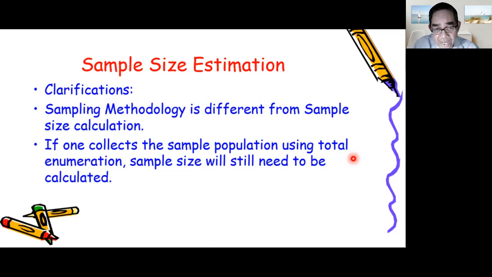The total enumeration that you have in a hospital, for example, will only involve people in that particular hospital, but the target population will be much larger than what you have in the hospital. And that is why total enumeration is really still a sample. And you still want to know whether that sample will sufficiently answer the objective of the study. That's the reason why, as I said, we still need to calculate the sample size.